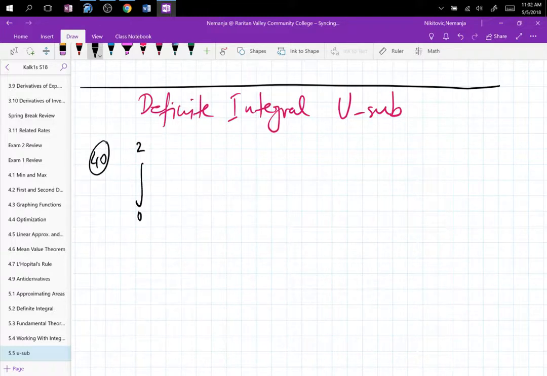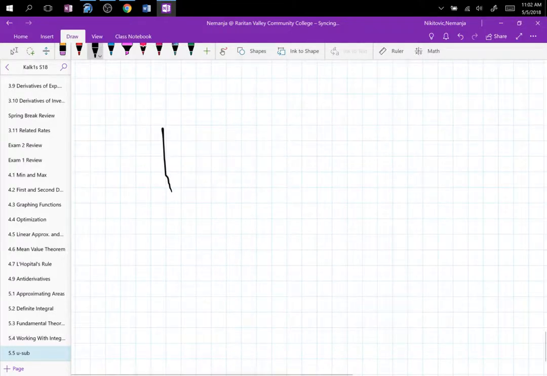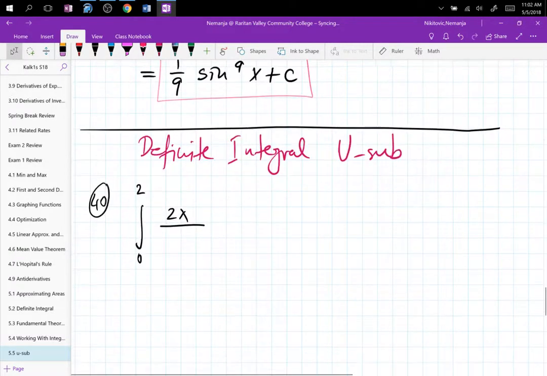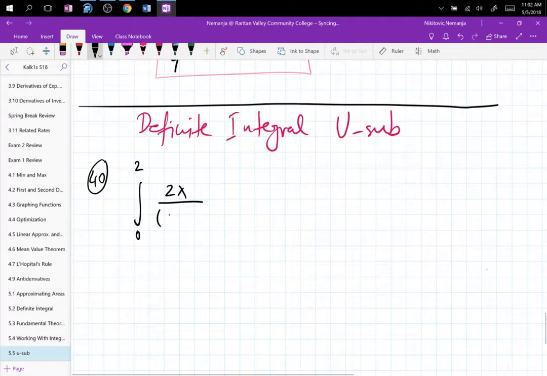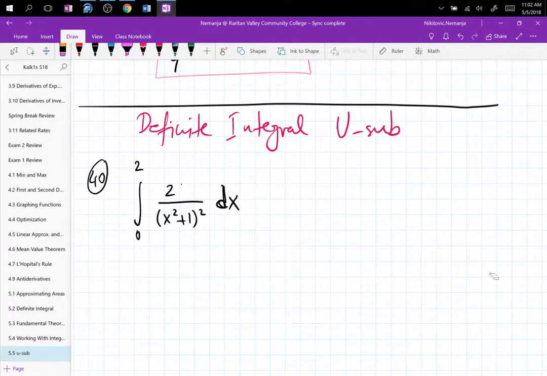So 0 to 2, 2x divided by x squared plus 1, everything squared. Easy, easy. So this is our integral. 2x divided by x squared plus 1.